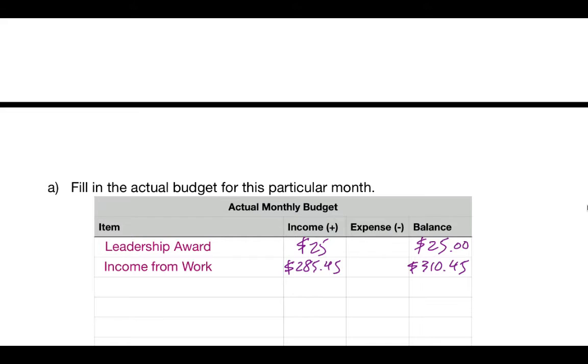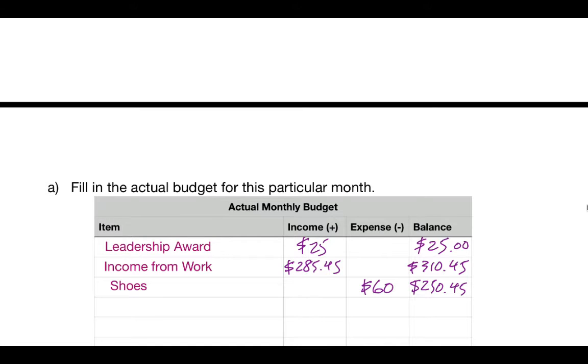Next, we have shoes. So this particular month, this person bought shoes, and the cost of the shoes was $60. So the $60 is being subtracted from $310.45, and we're left with $250.45.